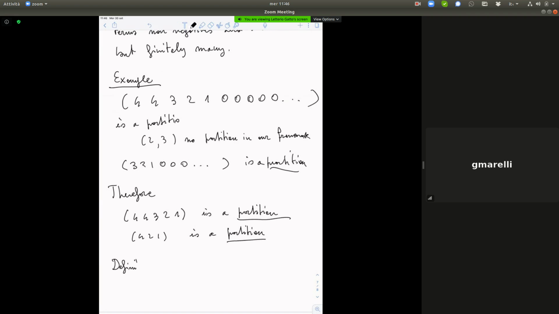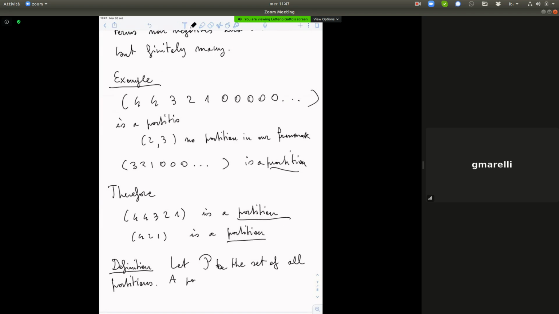Definition. Let P be the set of all partitions.